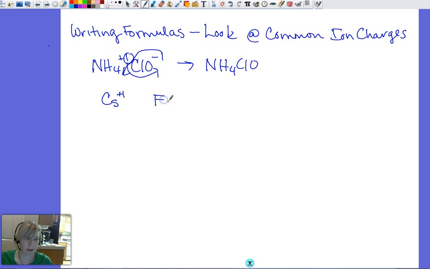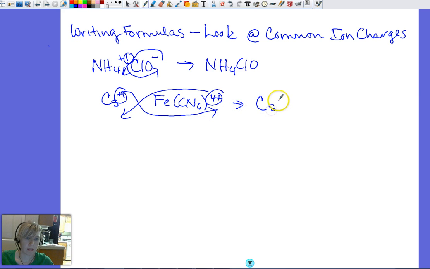Our ferrocyanide is Fe(CN)6 4-. Now if we cross charges, that gives us Cs4 Fe(CN)6.